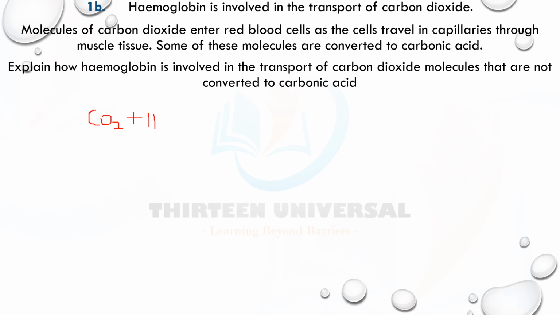But which part of hemoglobin does it bind to? It binds to the terminal amine group or amino group, in a reversible reaction, to form what we call carbamino hemoglobin.